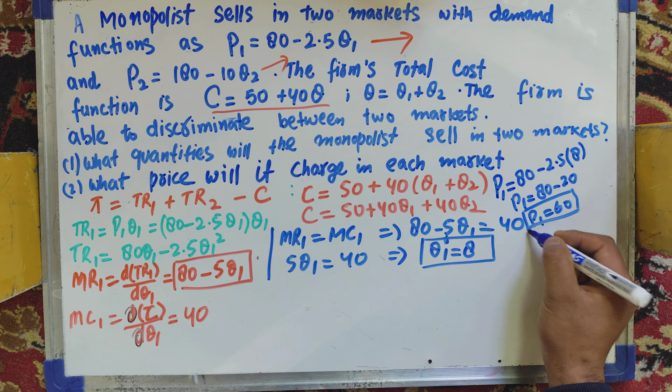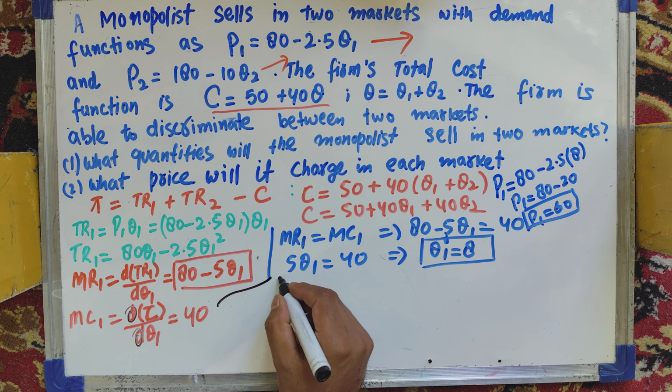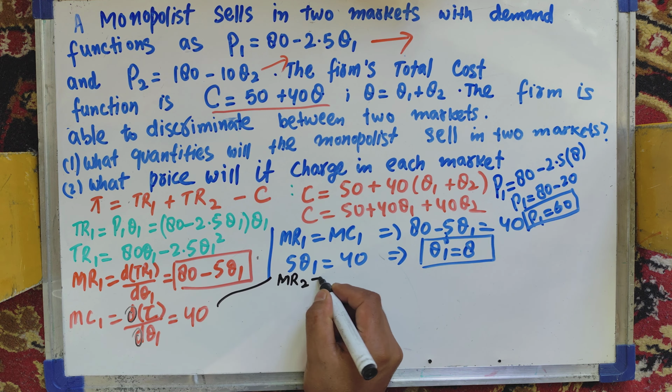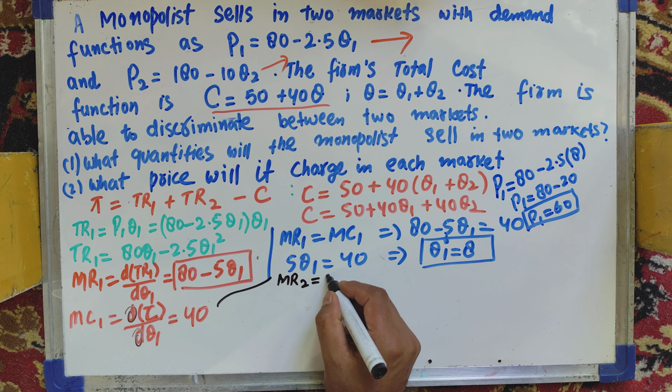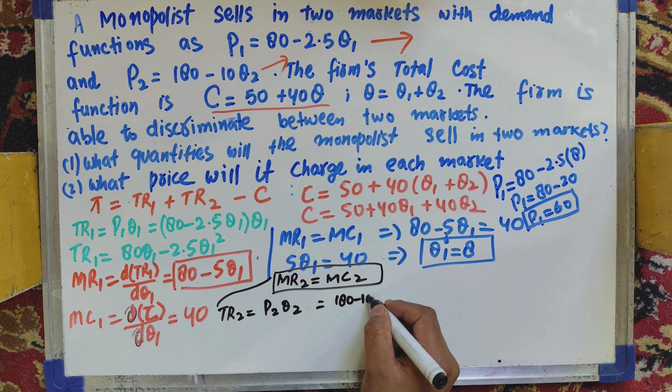Now similarly we need to solve for market 2. We will do the same procedure: equate the marginal revenue in market 2 with the marginal cost in market 2. Total revenue in market 2 will be P2 Q2. P2 is the inverse demand function, 180 minus 10 Q2.